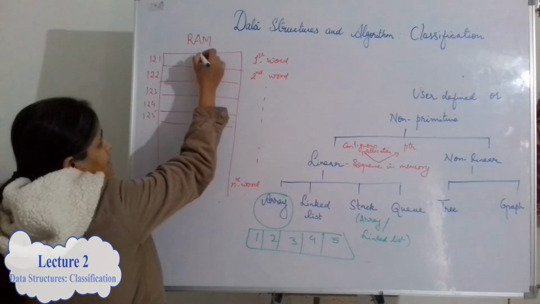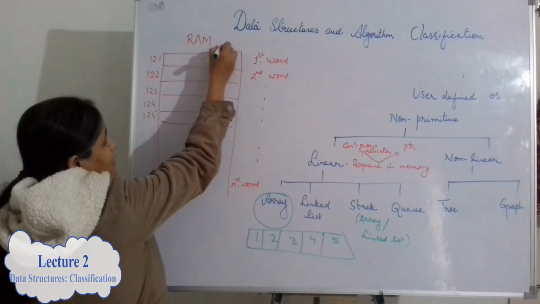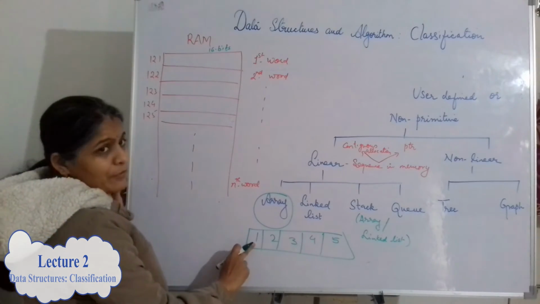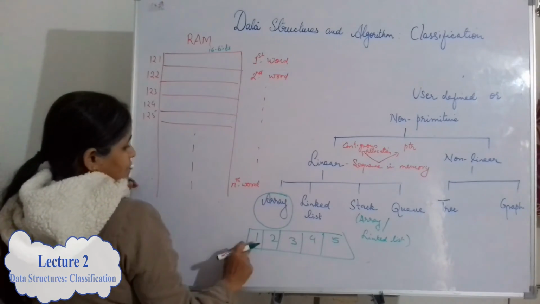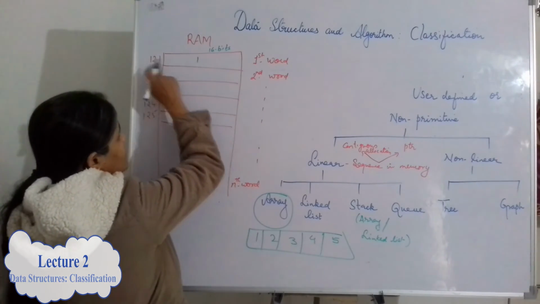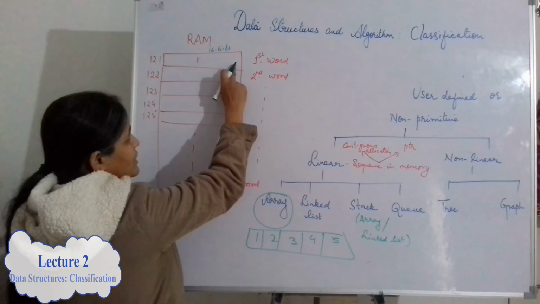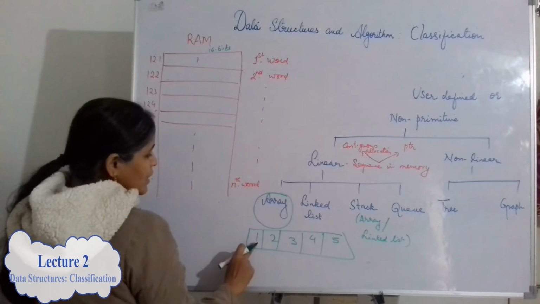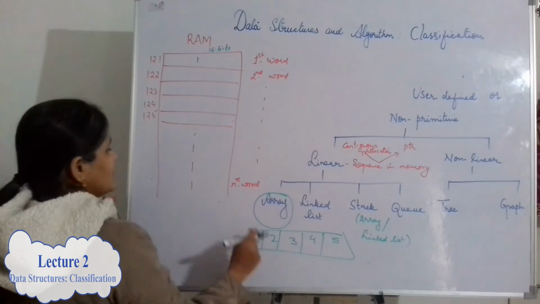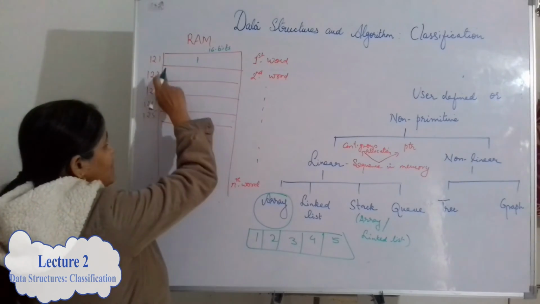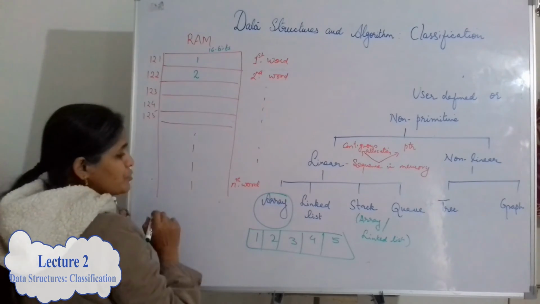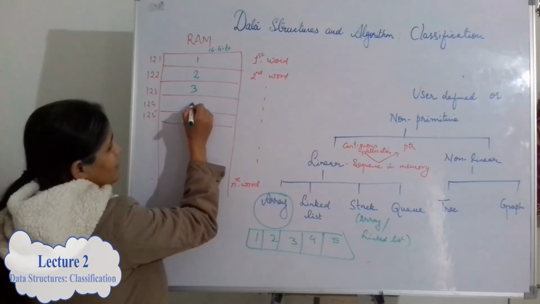For example, let us consider these 5 elements of an array and its storage. I am assuming here that memory consists of 16 bits, so this is an int type item. 1 we store in the first word. One word consists of 16 bits and we would like to store 1 into the memory. In the next memory address, we store 2, then 3, then 4, then 5.